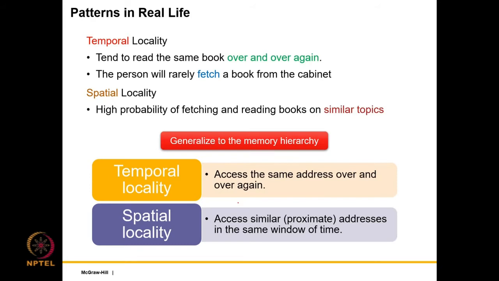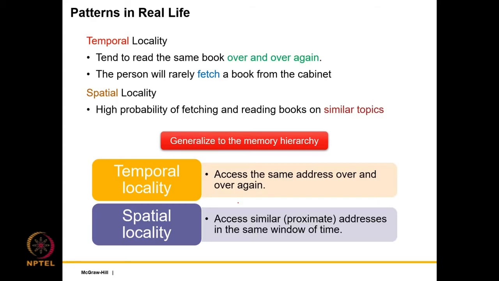So, well, we can generalize this behavior to the memory hierarchy. Temporal locality translates to accessing the same address or the same set of addresses over and over again in the same time window.